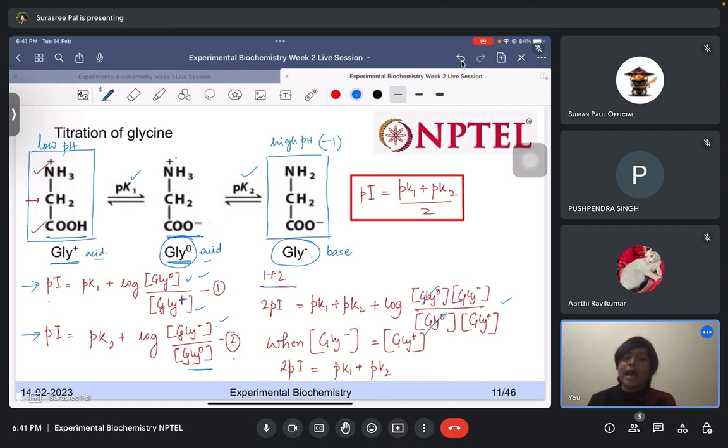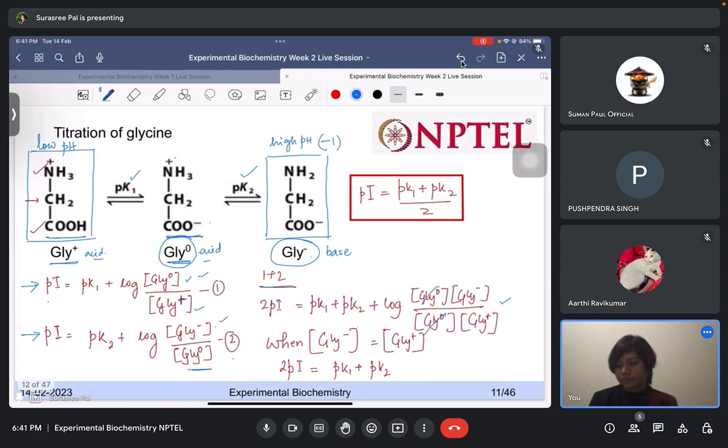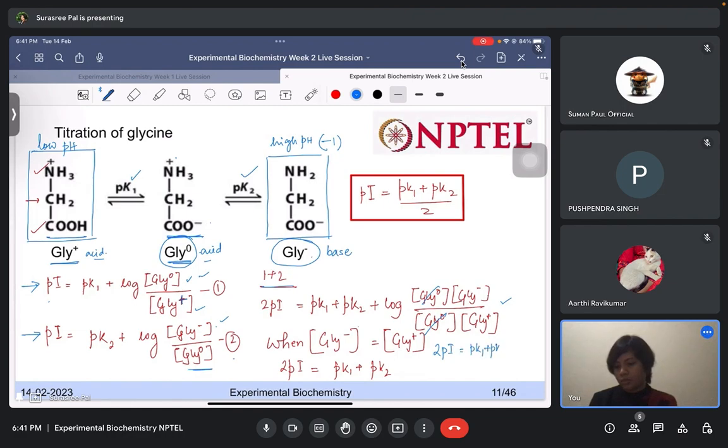And in this condition, when the glycine negative concentration is equal to the glycine positive concentration, then we can say 2pI will be equal to pK1 plus pK2 plus log of 1, right? Because if these two concentrations are the same, then we will get log of 1, and log of 1 is 0, right?